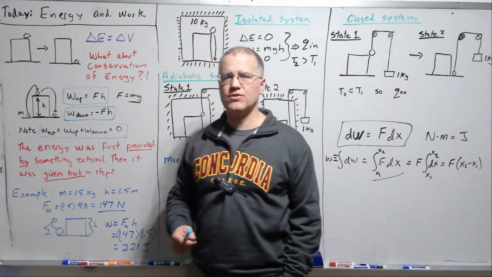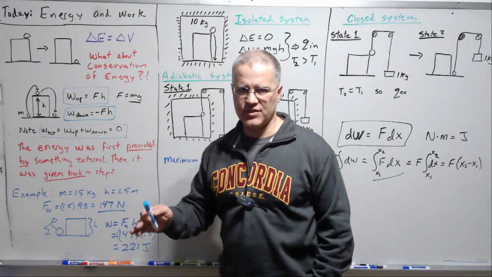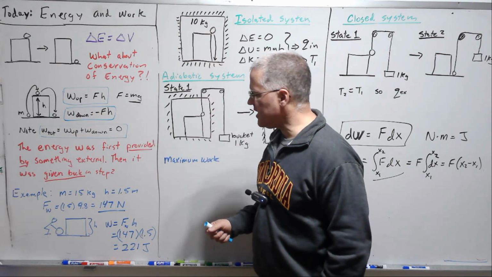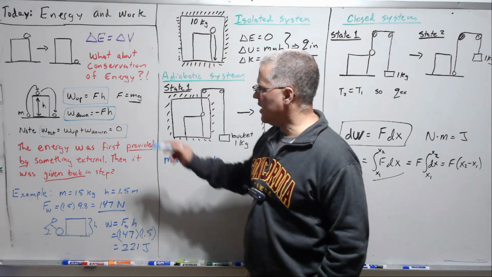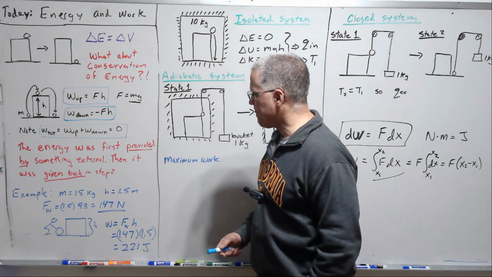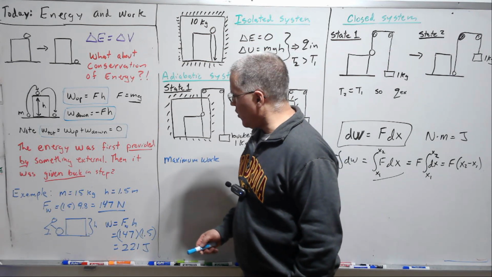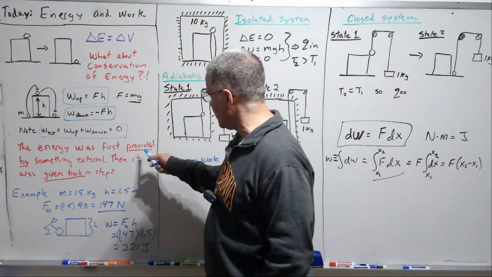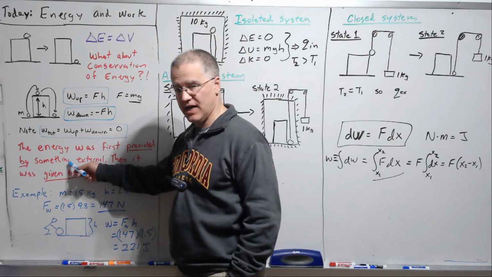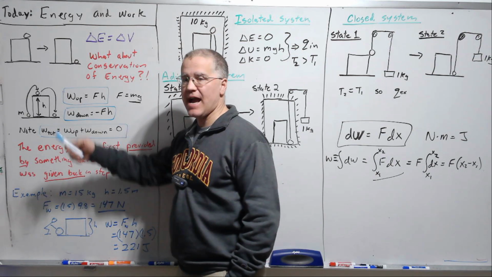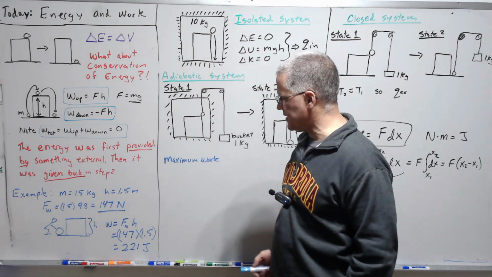But in the early problems that you're working on, in whatever physics books you have, that won't be the case here. And that's due to the system being otherwise conservative. Okay. So the energy was first provided by something, us. We lifted it. And then it was given back by the system back on us.